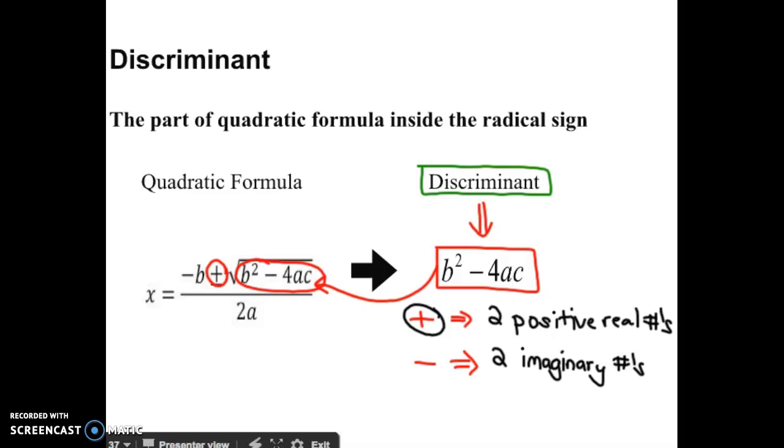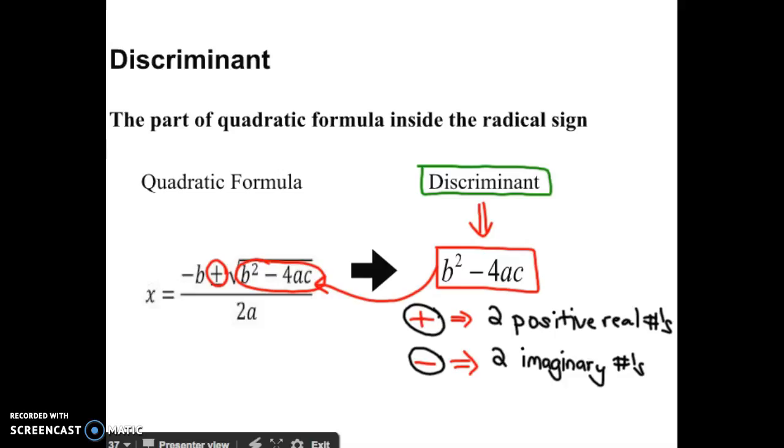And be careful. You do get two imaginary answers, but on Math Excel, if it asks you how many real answers you have, you would say 0. If they're both imaginary, then you don't have any real ones. So again, that's if you have a negative discriminant.